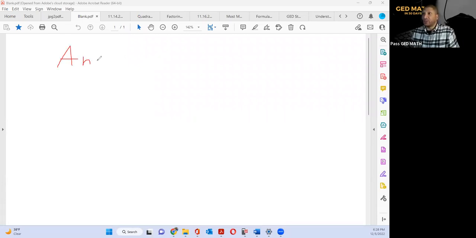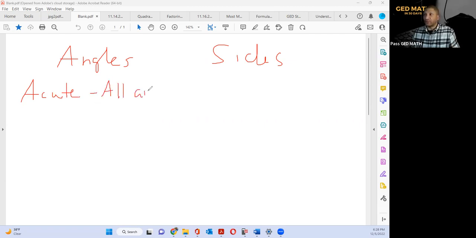When you describe a triangle, you can describe it by the angles or the sides. If all of the angles are less than 90 degrees, it is an acute triangle. I'm sorry about my handwriting, it's hard to write with this mouse.